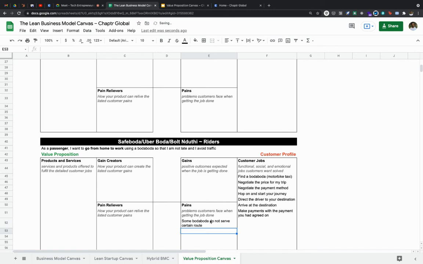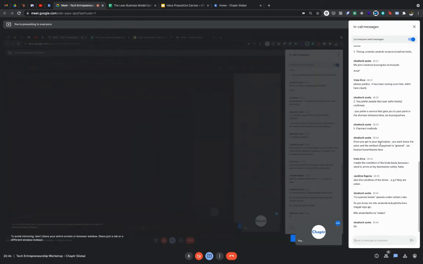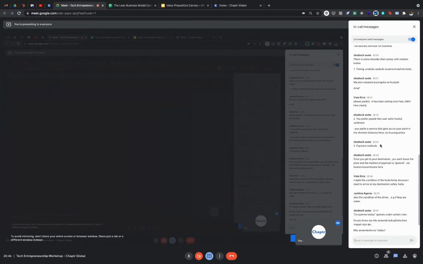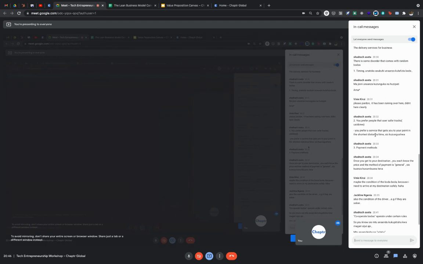What other problem might I encounter when I'm trying to find a boda? Let's get to it, guys, so that we can finish this by 9. Shadrach had mentioned a couple of pains here that I'm going to highlight. You prefer a service that gets you to your point in the shortest distance or time.